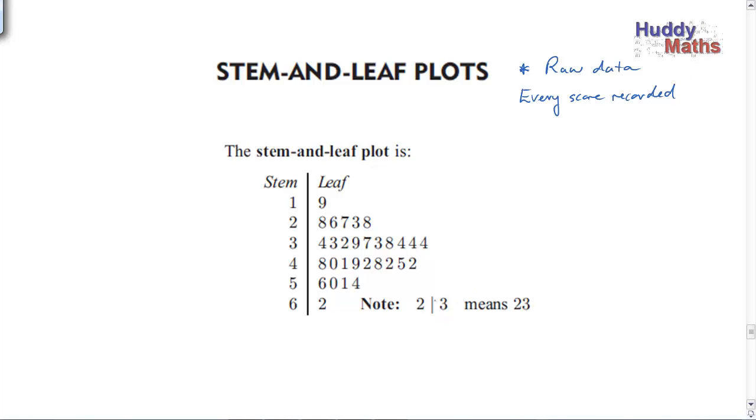Well, first of all, let's look at this note down here. 2 with a stem 3 means 23. So what we're doing is stripping off the first number and using that as a stem value. Here our values went from 0 to 60, so the stems are 1 for anything bigger than 10, so this would read 19. 2 is in the 20s, so that's 28, 26, 27, 23, 28.